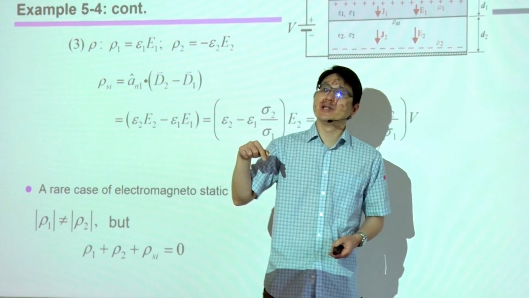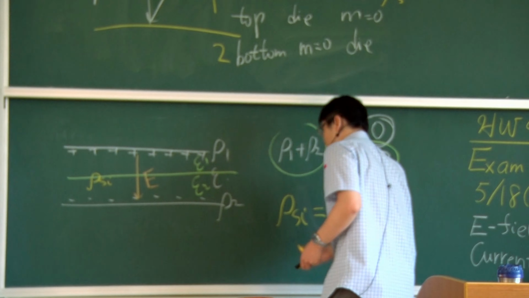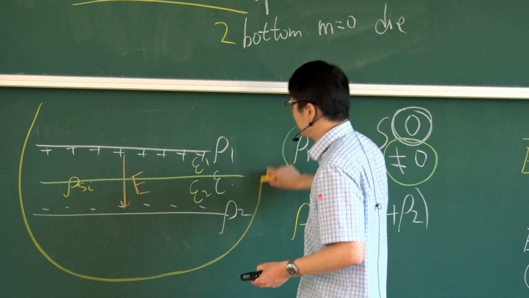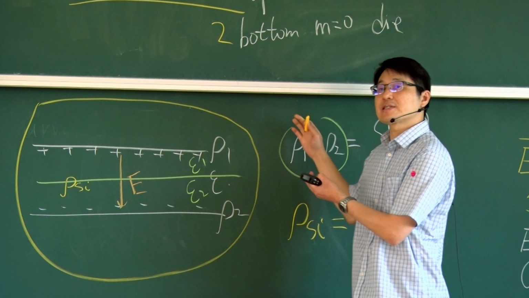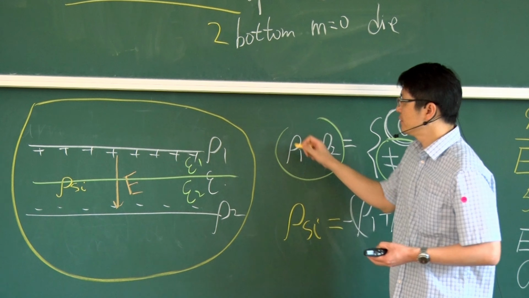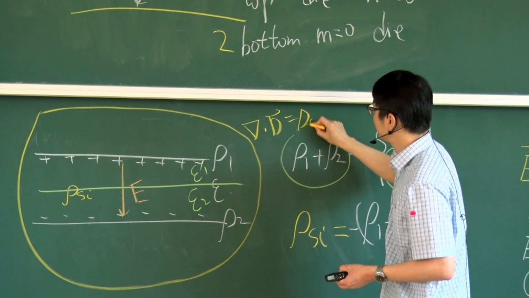Let's try to relate to Gauss's law. If I form a closed surface, as someone standing outside of the capacitor, the divergence of D is equal to rho free.